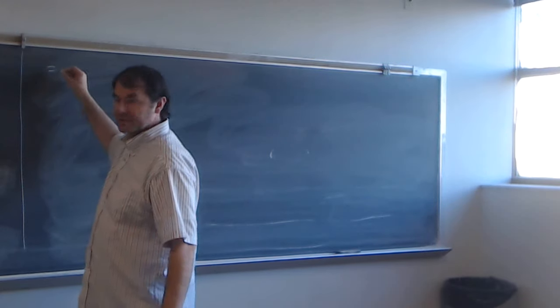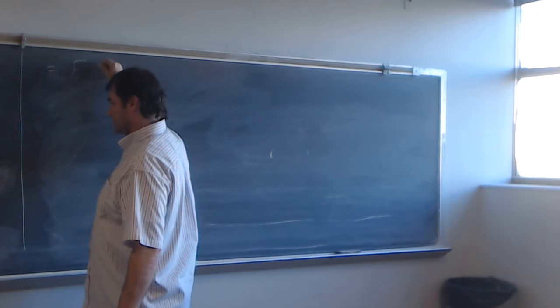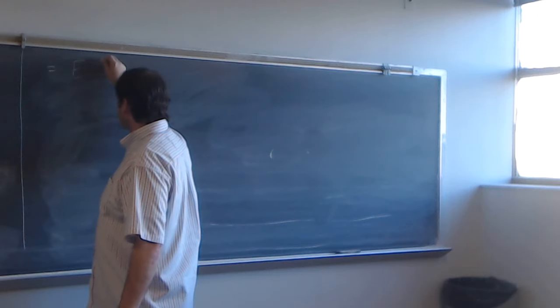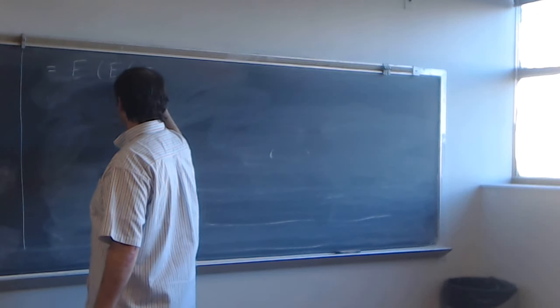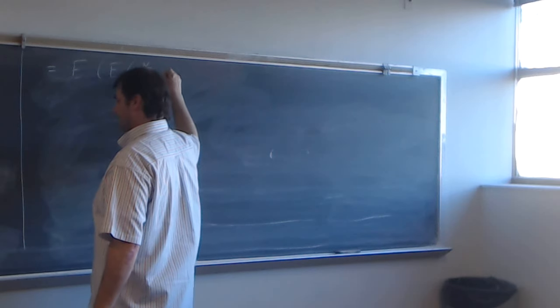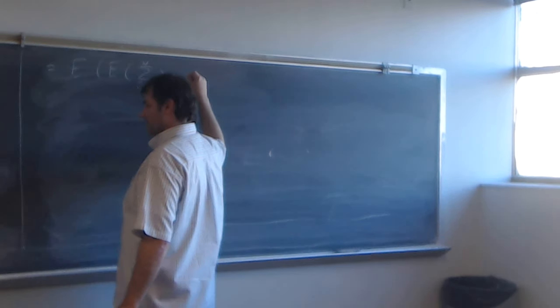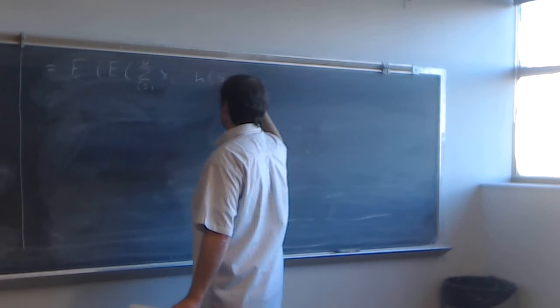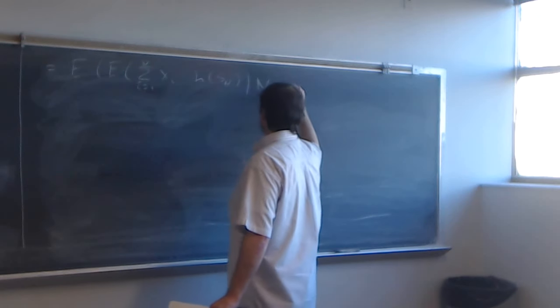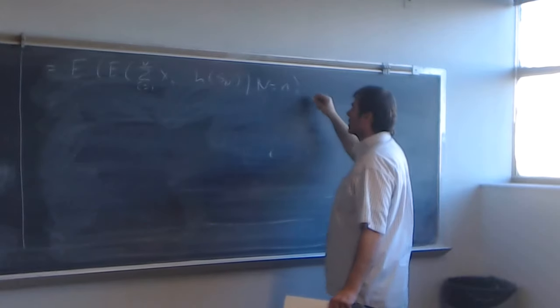So doing this conditioning, this is equal to the expected value of the expected value of the sum as i runs from 1 to big N of X sub i times h of S sub N, given N equals n.